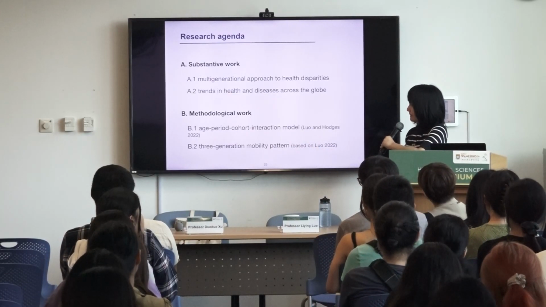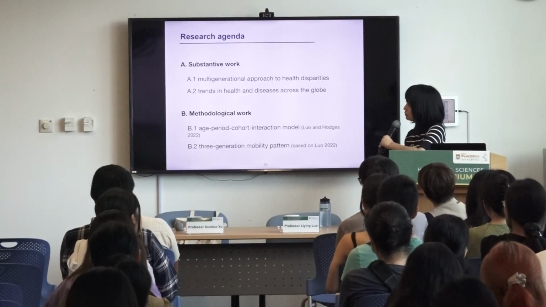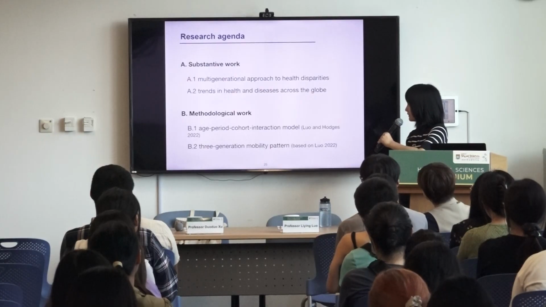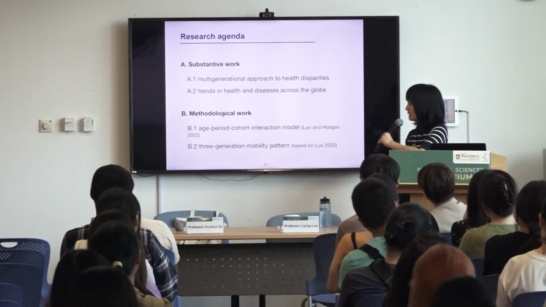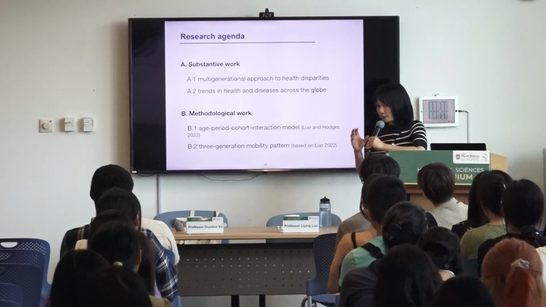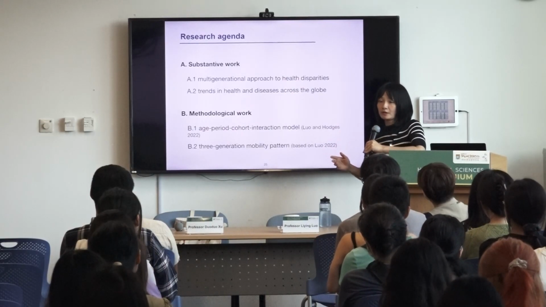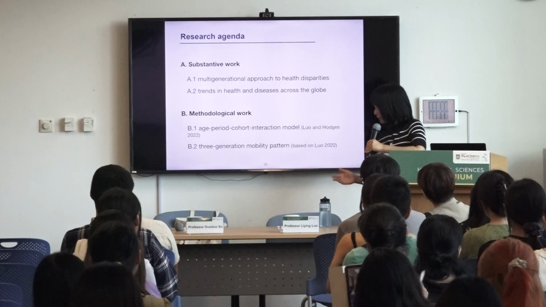And also, based on my recent work on two-generation mobility, published in the American Sociological Review, I'm looking at three-generation mobility patterns and the implications of those patterns for well-being and health.